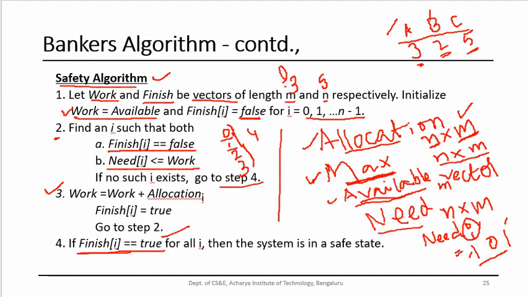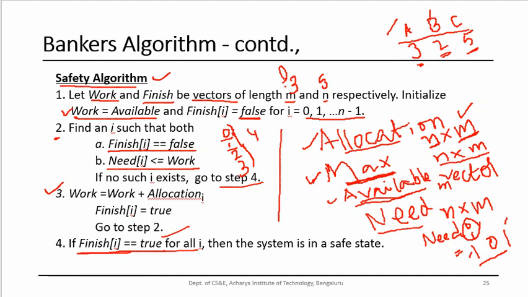If it is not equal to true, it means that there are processes which are not able to get the resources, and there will not be a safe execution sequence of processes, and this may lead to deadlock. That's the meaning.